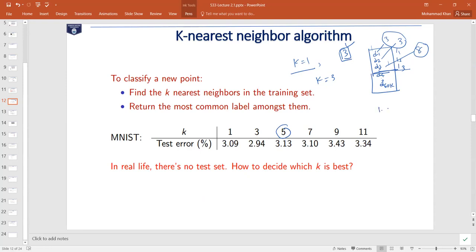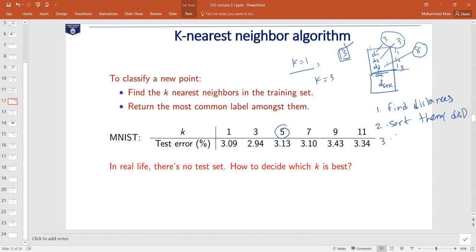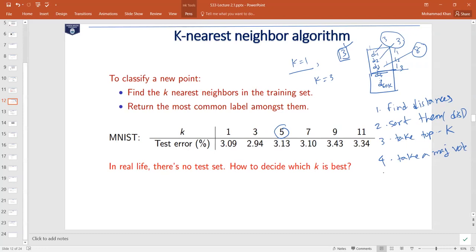So basically, the steps are: find distances, sort them, that means the distances, take the top K based on this K, take a majority vote, the majority wins.